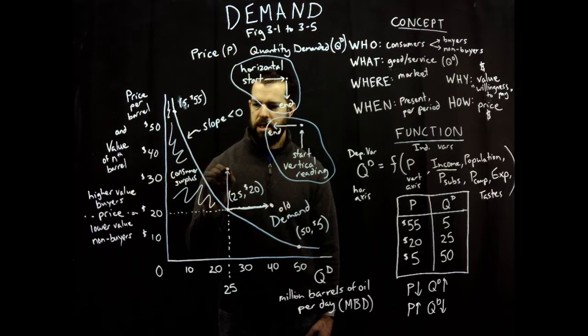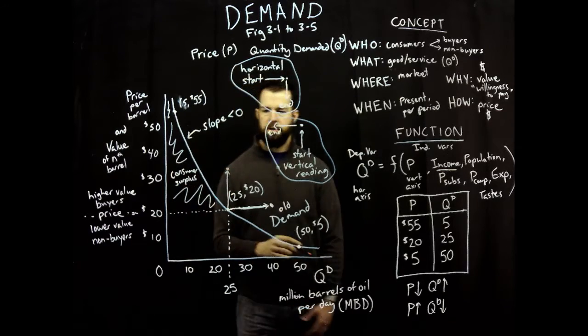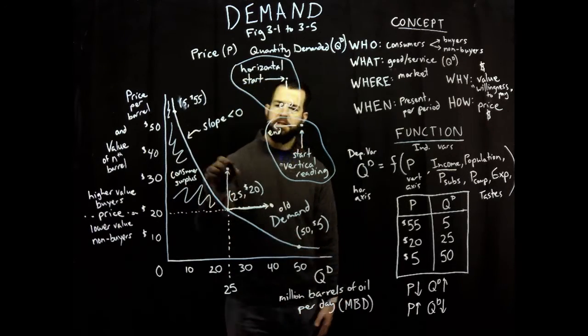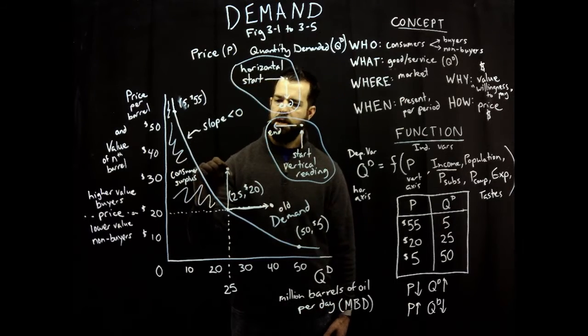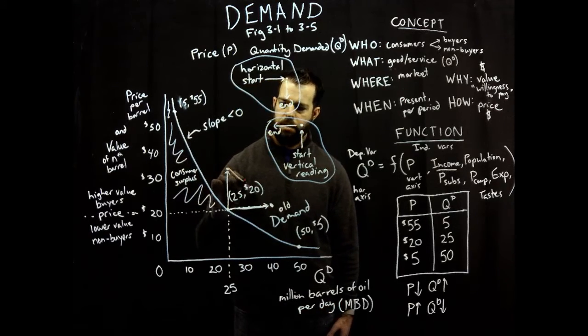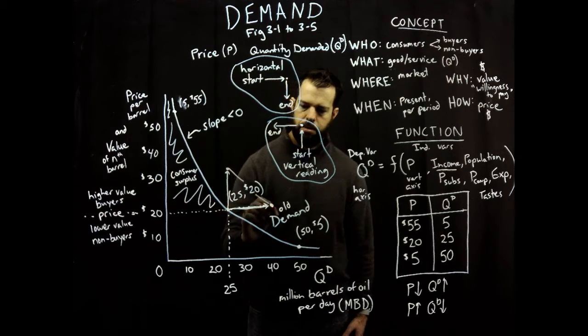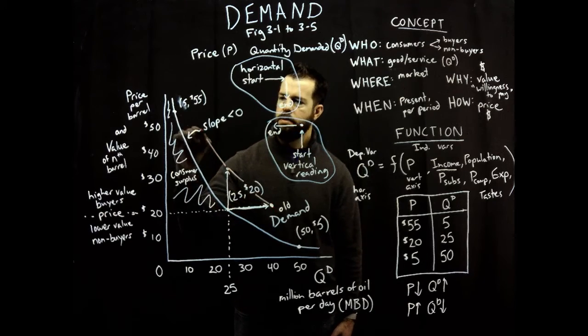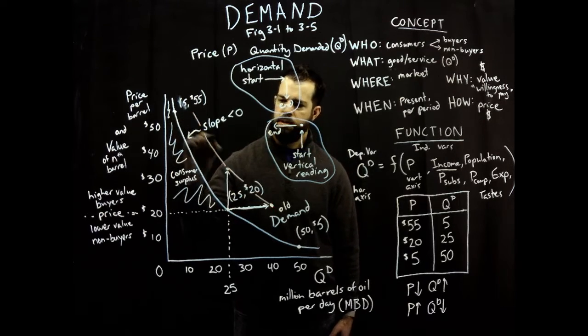Okay, and so we could say that their value is $30 here. And so we could connect these 2 points and draw a new demand curve.